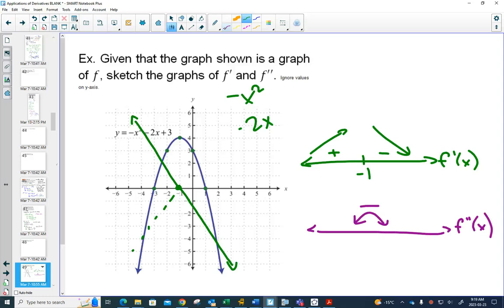Again, using a little bit of a cheating method, if our first derivative was -2x, maybe plus something or minus something, and I take the derivative of that, I'm just going to get -2. So my purple graph is always negative and would look like this.